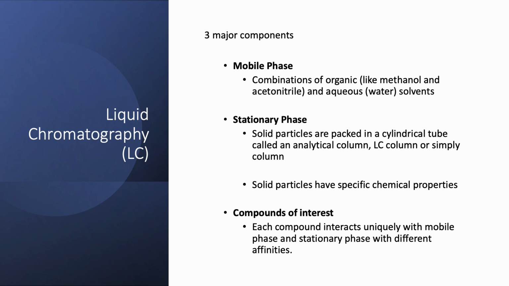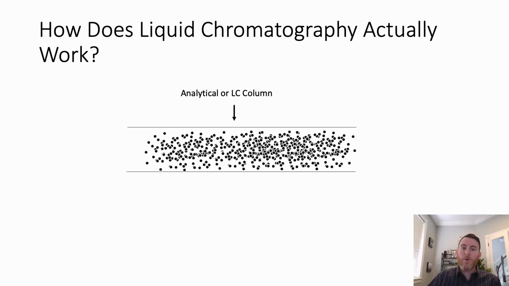And based on that unique interaction between those two phases, the stationary and the mobile phase, your compounds of interest will travel through that column at different rates. And so this is a breakdown of what that might look like inside an analytical column. So I've basically sliced an analytical column in half, and you can see all those little black dots are representative of the stationary phase.